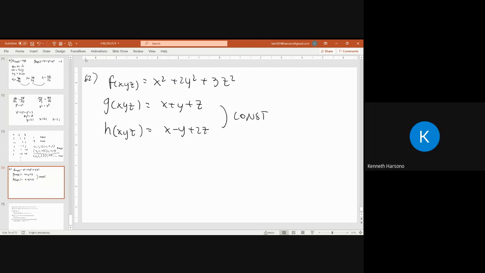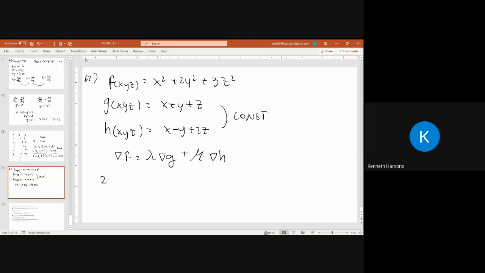So our function is this one, right? And for these two constraints, we can use two variables for the Lagrange multiplier, or two Lagrange multipliers, which is lambda and mu here. So let's just derive this one with x.